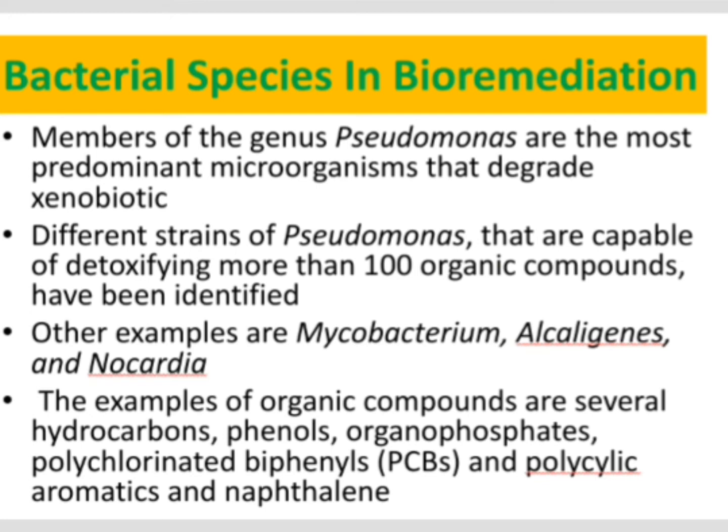More than 100 different organic compounds can be degraded by Pseudomonas species, and examples of organic compounds that can be degraded using these different bacteria, that is Pseudomonas, Mycobacterium, Alcaligenes and Nocardia, include hydrocarbons, phenols, organophosphates, polychlorinated biphenyls, polycyclic aromatics and naphthalene. So a variety of xenobiotics can be degraded with the help of different bacterial species.